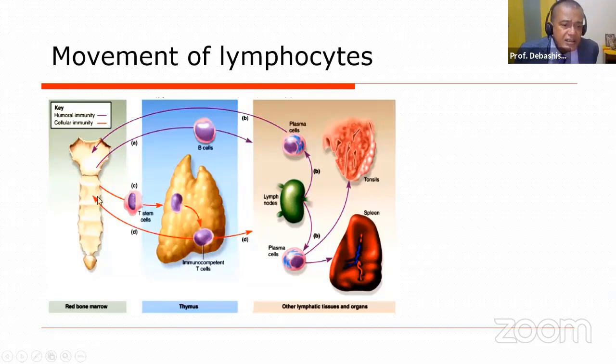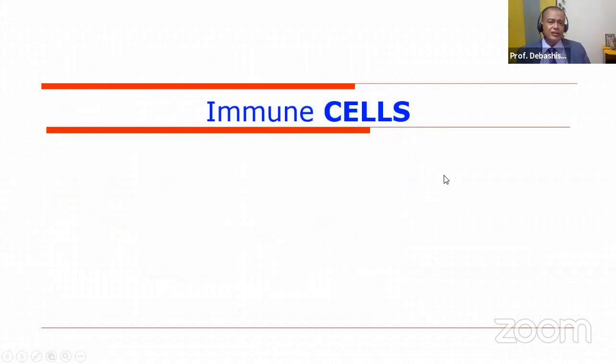The T cells from stem cells in the marrow come to the thymus and become immunocompetent T cells, which again circulate through the lymphoid tissue and the organs, and eventually the plasma cells also recirculate to the bone marrow again. So basically they keep traveling between the immune organs. So far I have mentioned all the immune organs.